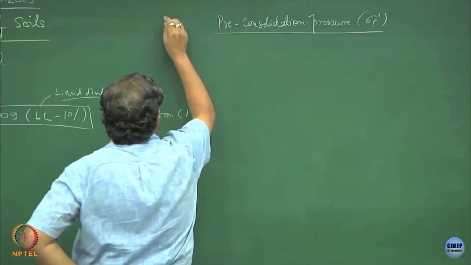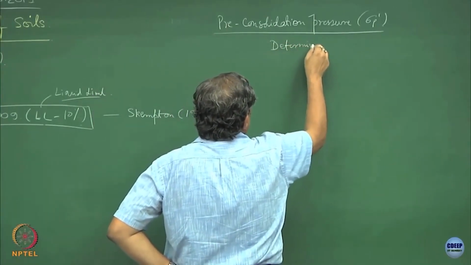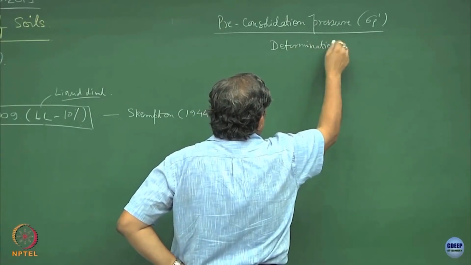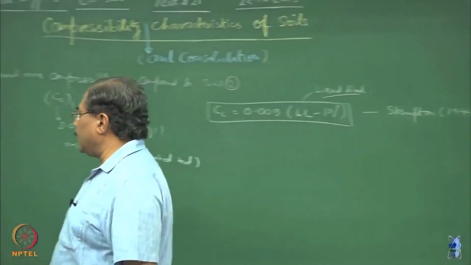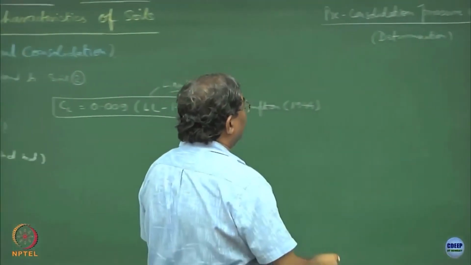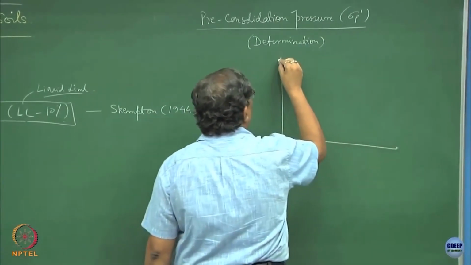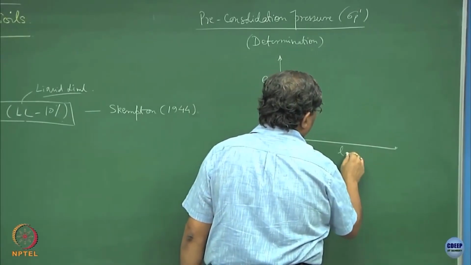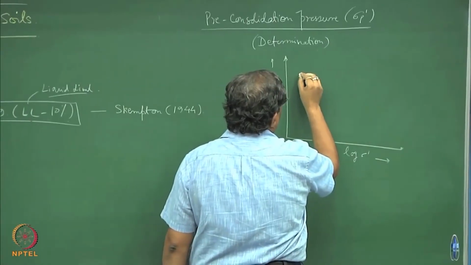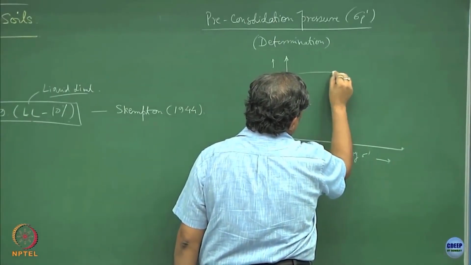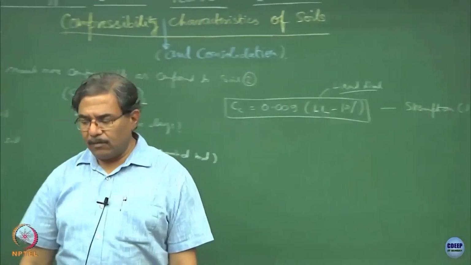So, suppose I want to determine this. If I take a sample from the field and then conduct this test on it, what I will get is a relationship where the initial portion is almost horizontal, followed by a rapid drop in the e versus log sigma curve.